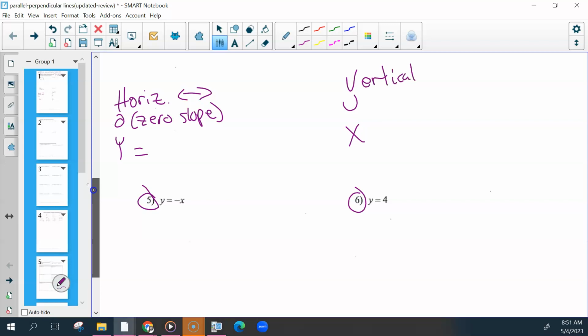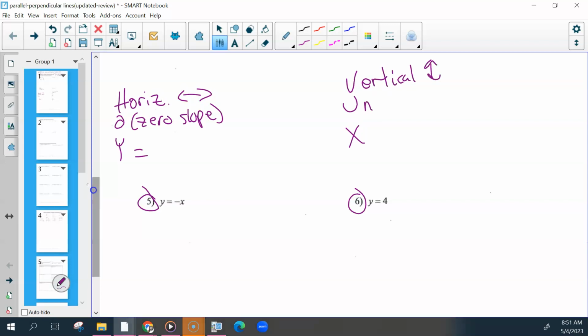Vertical lines have undefined slope and are x equals. So be careful, because these only apply to x equals some number, y equals some number.